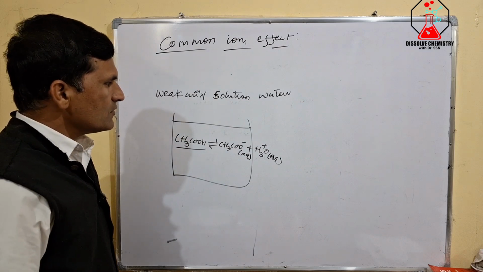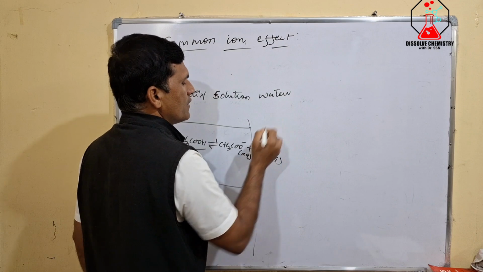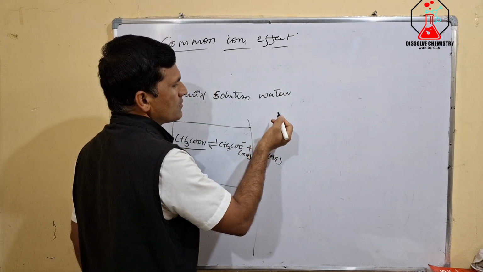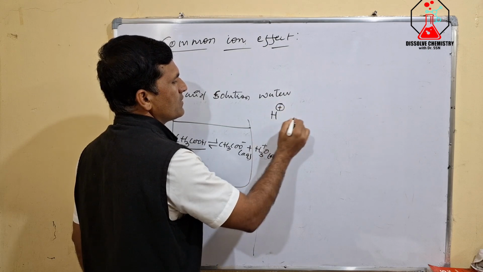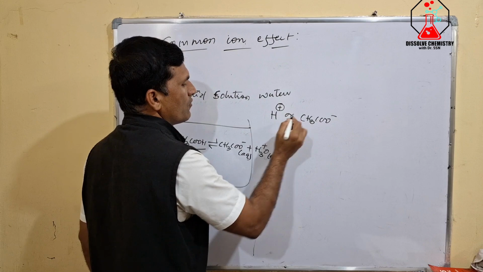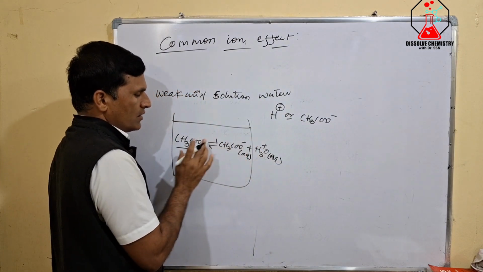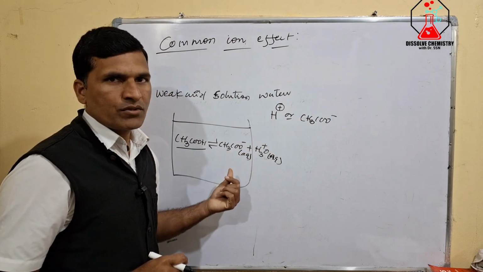Now, what happens to such a solution if you add a solution which contains either H plus or CH3COO minus, meaning one of the ions common in this solution, from outside?